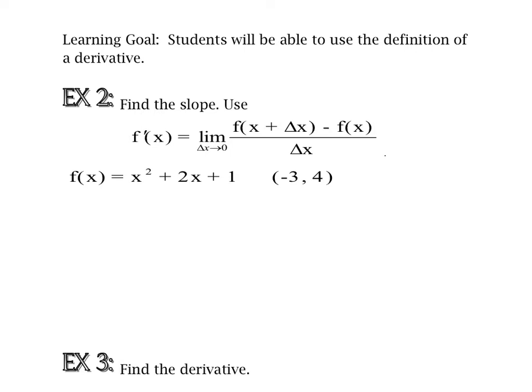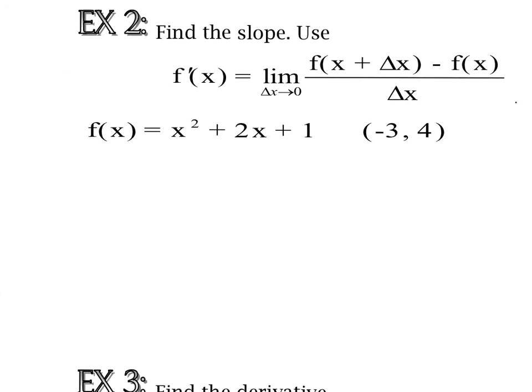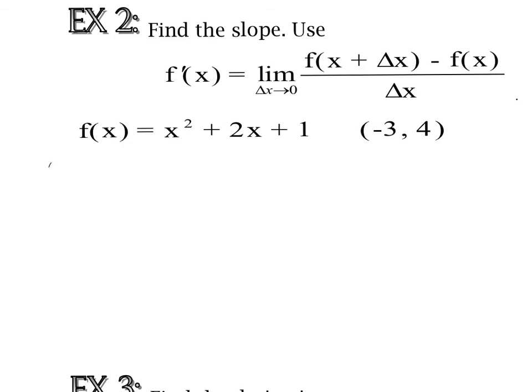Okay, a little bit more going on here. Again, I'd recommend that we just find the derivative for x, and then we'll plug in our x value later. So let's go ahead and go for it. f prime of x equals the limit as h approaches 0. Remember, I don't like using the delta x. I just use an h instead of these delta x's here.